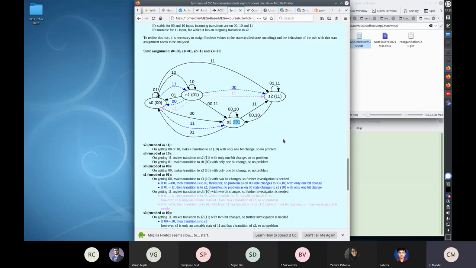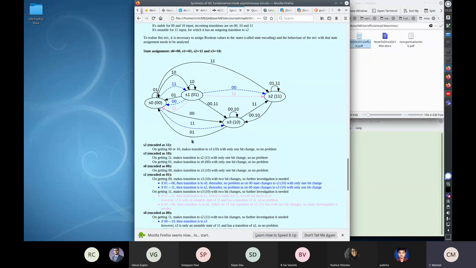Let us look at some more transitions. Let us look at S3. S3 on getting 1 1 makes a transition to S2, which is this. No problem, because this also involves a single bit change. And on getting 0 1 it makes a transition to S0. There also you don't have a problem, because you have a single bit change.